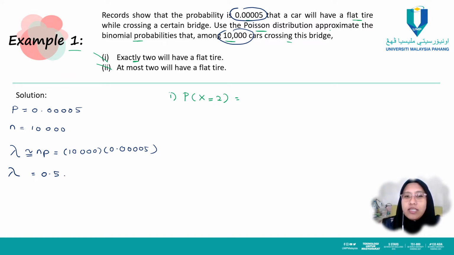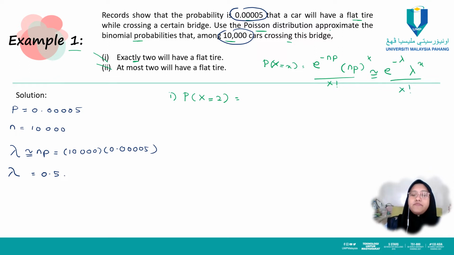The formula is P(X = x) equals e to the power of minus np multiplied by (np) to the power of x over x factorial, or we can also write it as e to the power of minus lambda, lambda to the power of x over x factorial.